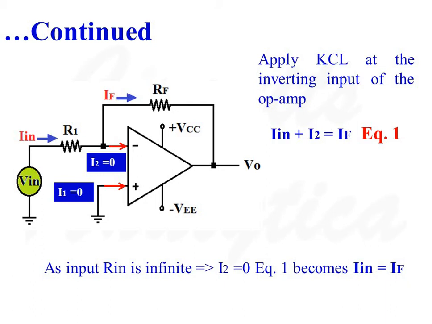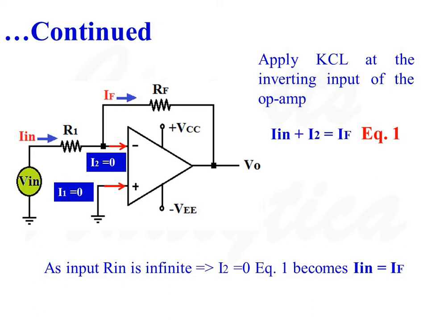Apply Kirchhoff's current law at the inverting input of the operational amplifier. At the inverting input, there are three currents associated with it: I-in, I2 and IF. Here, I-in is an incoming current and I2 and IF are outgoing currents.